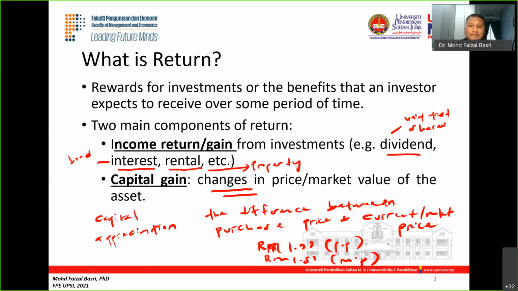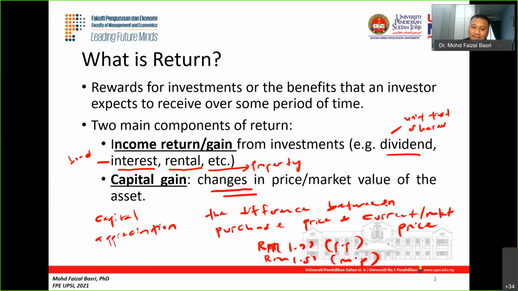So as an investor, you are hoping to get both returns. But obviously for capital gain, this is only applicable to you if you decide to sell. So meaning, for example, earlier you purchased, let's say, 10 lots of stocks for RM1 each. But now the price increased to 1.50.